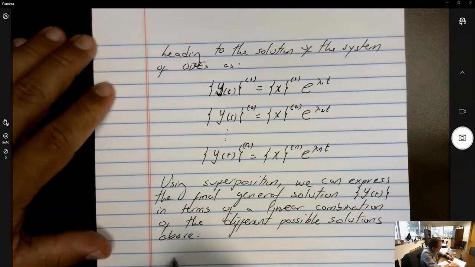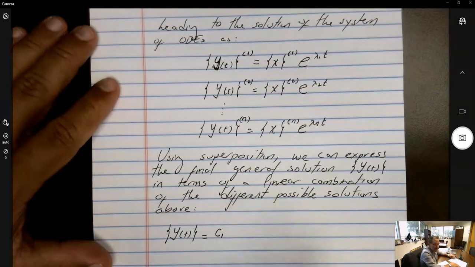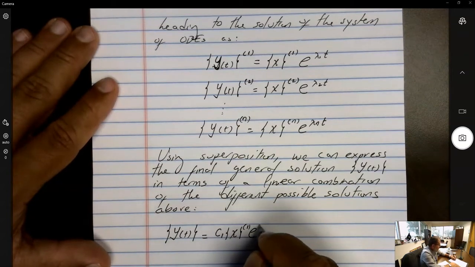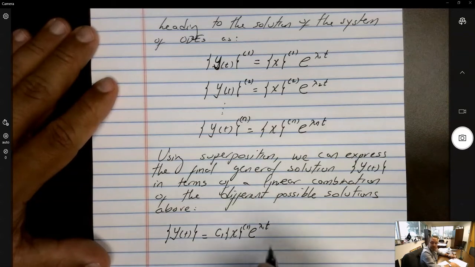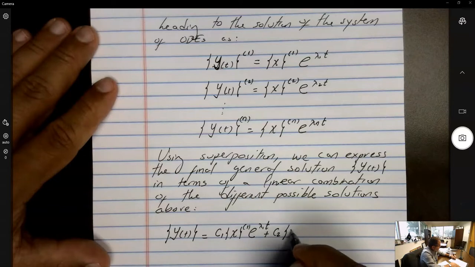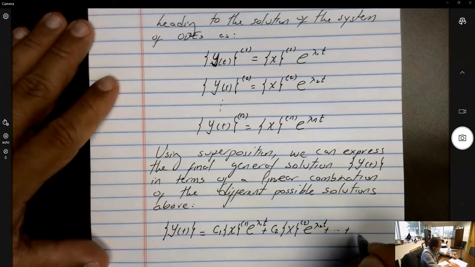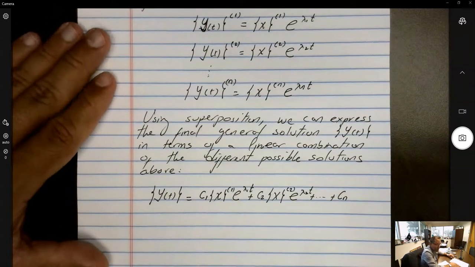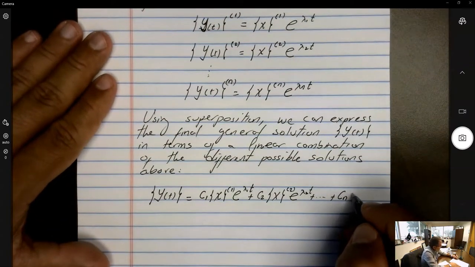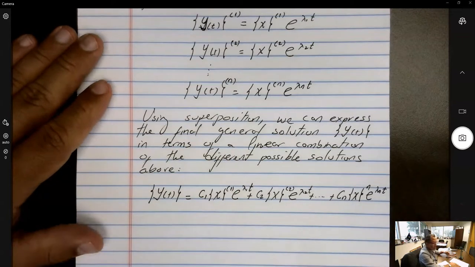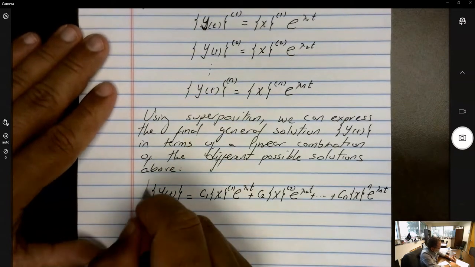That is, we can say y of t is some c1 times the first eigenvector times e to the lambda 1 t, plus c2 times the second eigenvector times e to the second eigenvalue t, plus all the way, as many elements as we have in the system, cn times the nth eigenvector times e to the nth eigenvalue t. And that is the general solution.